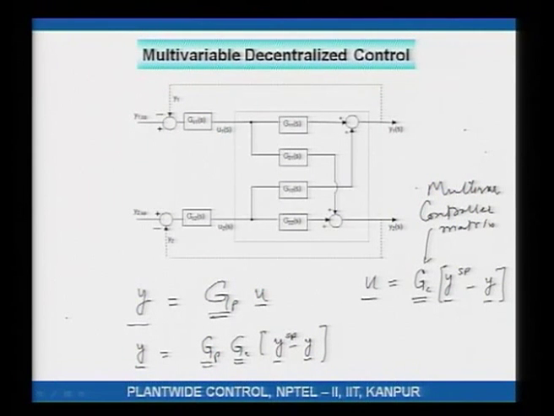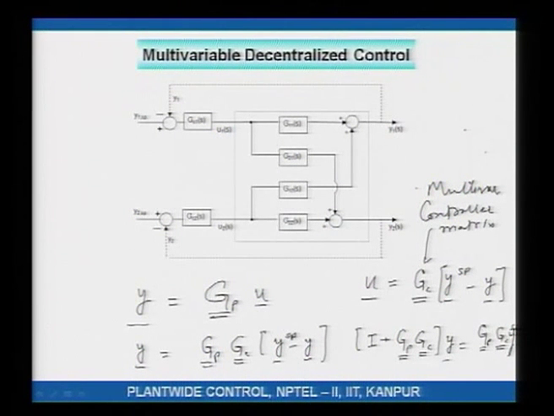Now, if I collect the terms of y on one side and everything else on the other side, what I get is identity matrix plus GP GC times y is equal to GP GC times y set point.